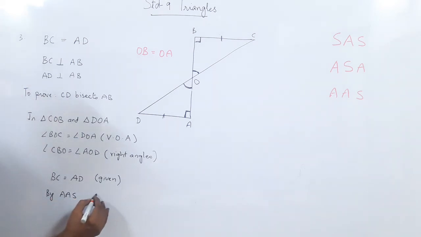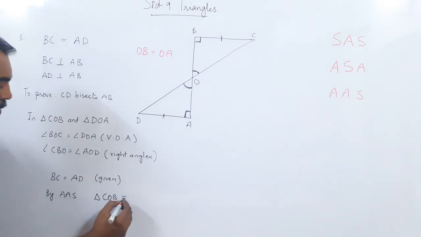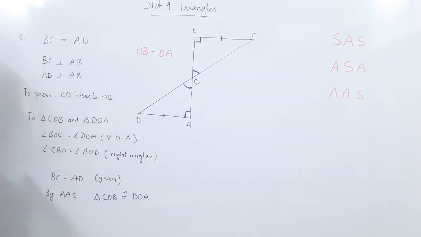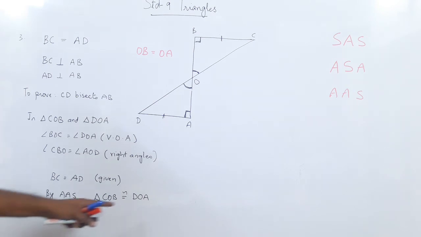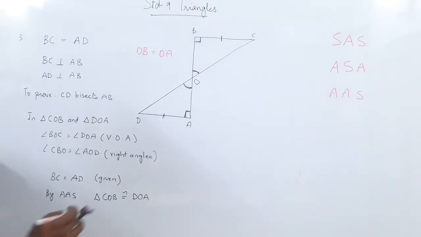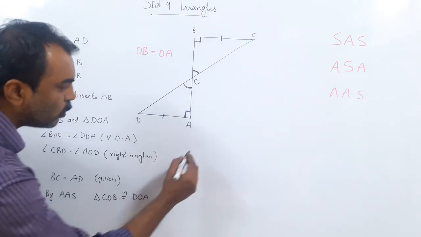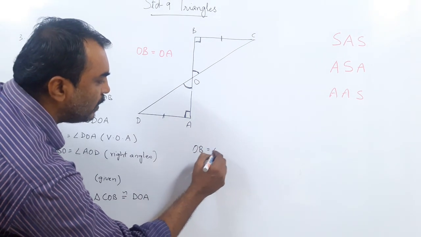By AAS, triangle COB is congruent to triangle DOA. So now these two triangles are congruent. But if the triangles are congruent, their corresponding sides should be equal. Means OB equal to OA. So I can write here OB equal to OA.